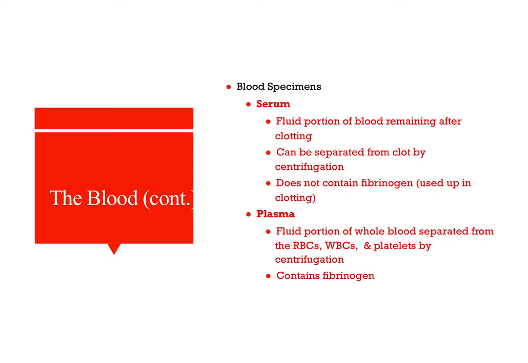Now, you need to know this. You cannot visually look at blood that has been separated by a centrifuge and tell the difference between serum and plasma. You cannot. That is a test question.